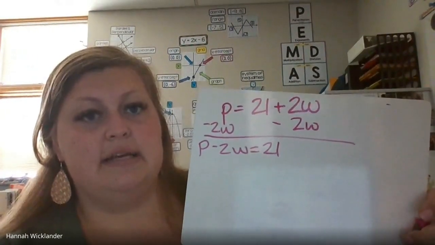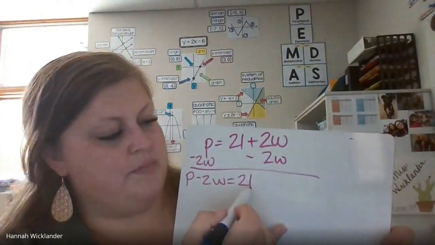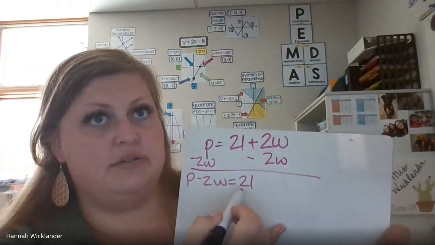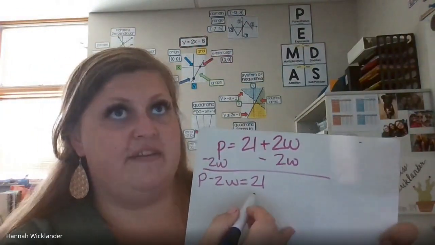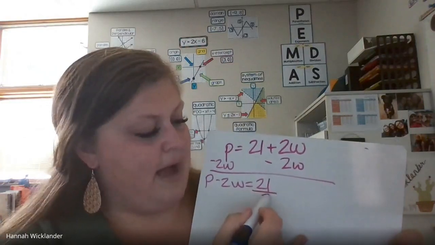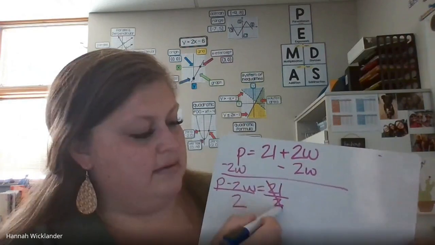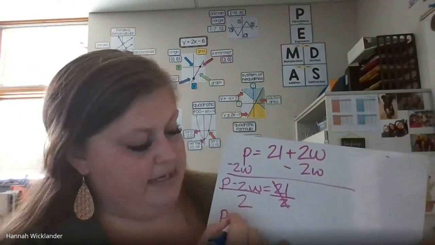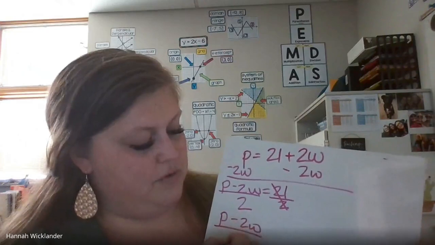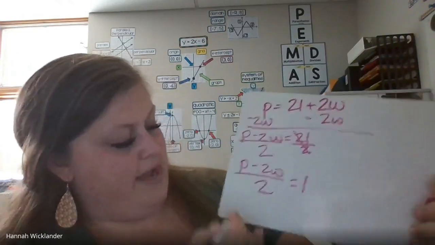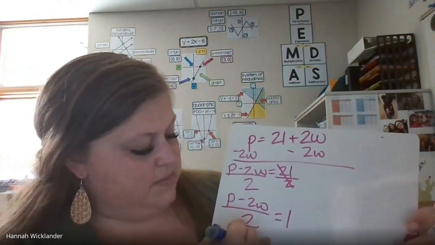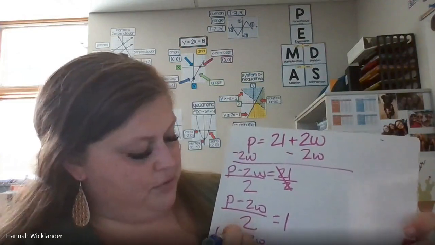And just like I did in the examples, when it's being multiplied by each other, to get rid of it, I do the opposite of multiplication, which is division. So I'm going to divide by 2, and I'm going to do that to both sides of the equation. And then I have P minus 2W divided by 2 equals L. So my equation is L equals P minus 2W divided by 2.